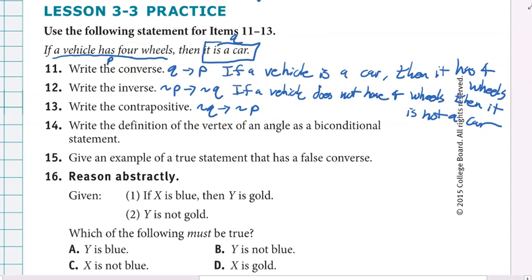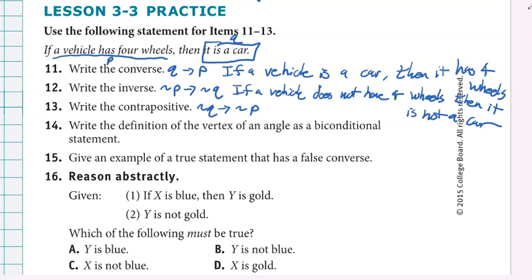All right, number 14 says, write the definition of the vertex of an angle as a biconditional statement. Okay, so we know a vertex to be the common endpoint of 2 rays.